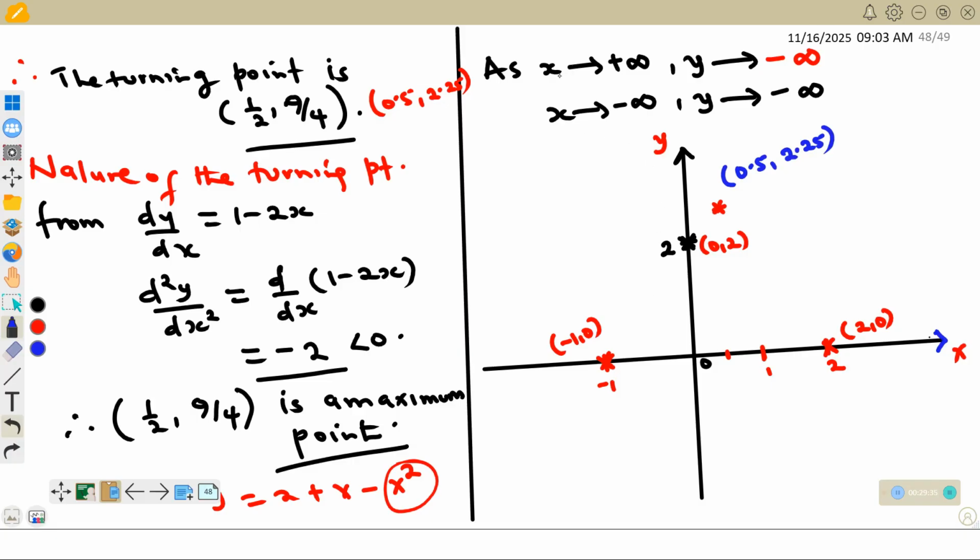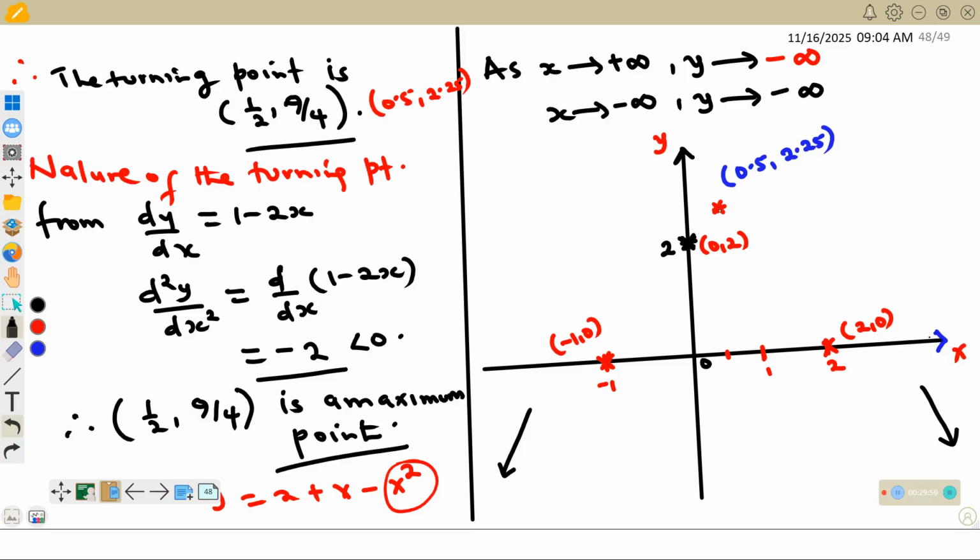We are also having that if x is tending to positive infinity, y is going to negative infinity. In other words, if x is becoming positive, y is going negative, and if x is going to negative infinity, y is going negative still. So we shall have our curve in that direction.